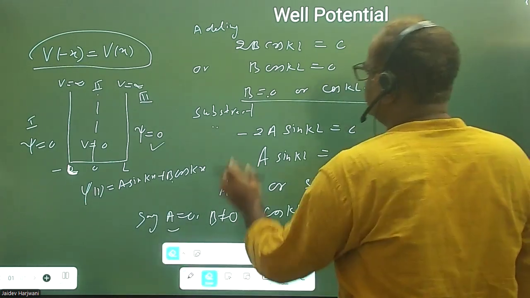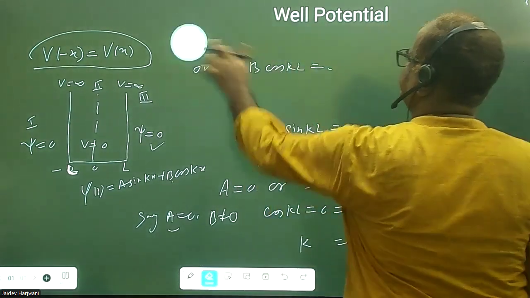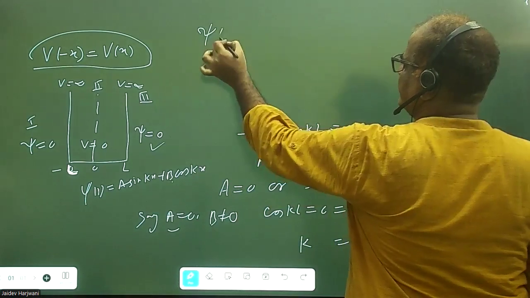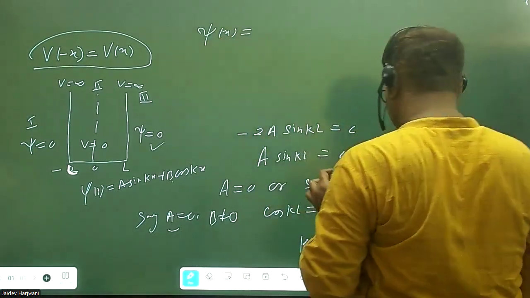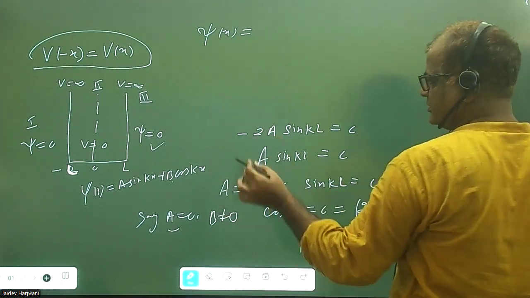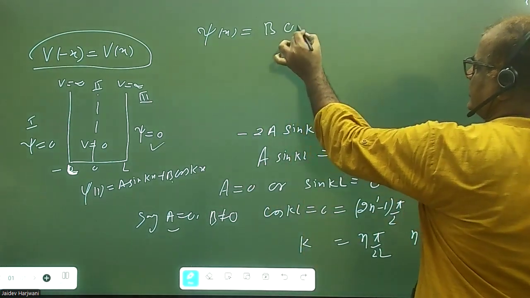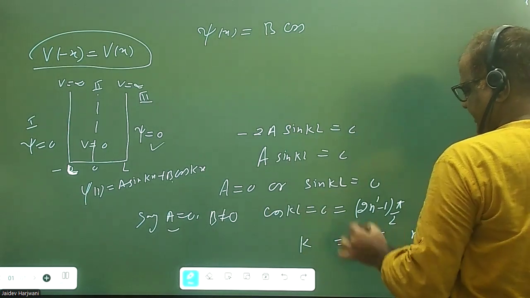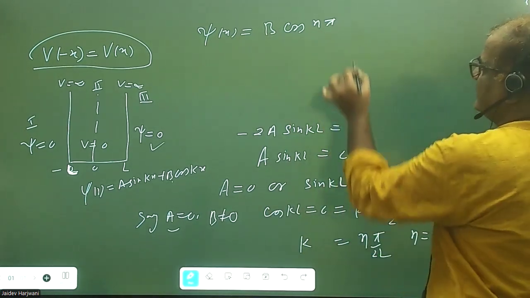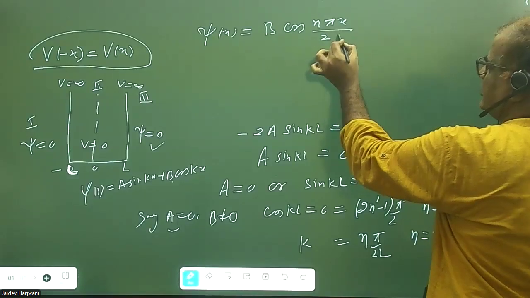So then my solution psi x will become cos of k x, with k equal to n pi by 2L.